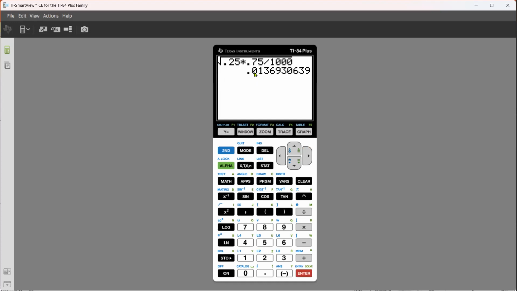Nobody has graph paper that fine or eyes that good. So for the sake of graphing, round this to 0.01. For the sake of what we're going to be doing later, keep 4 decimal places. Write down 0.0137 on your paper for your sigma of p hat, and for graphing, you're going to use 0.01.